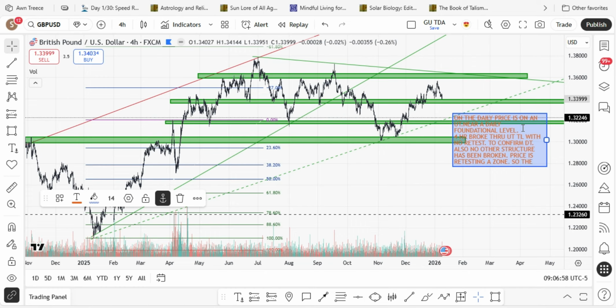The 4 hour is still on uptrend until the downtrend is confirmed.